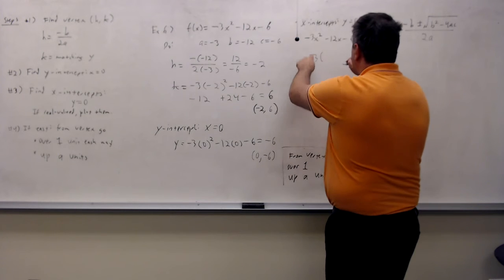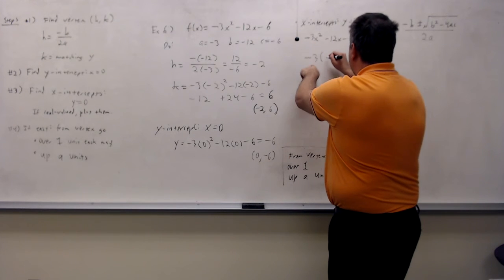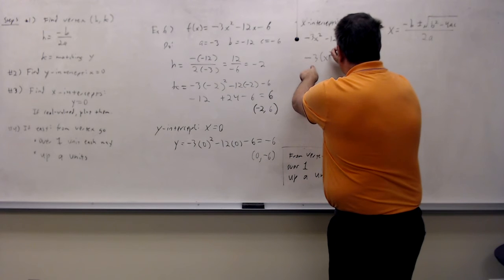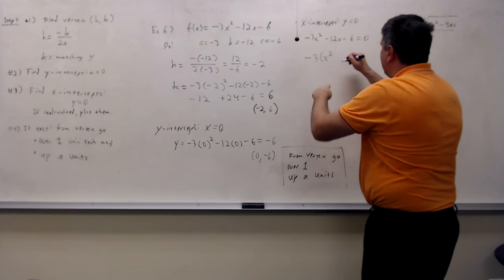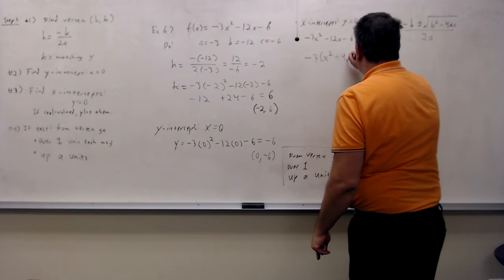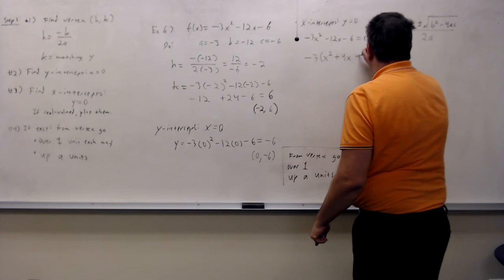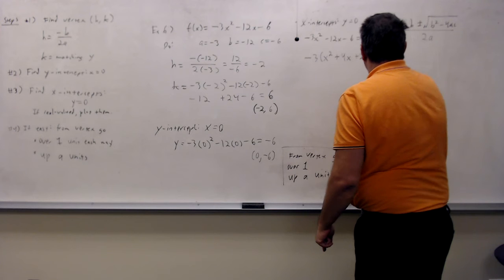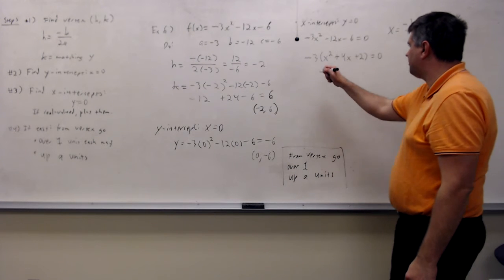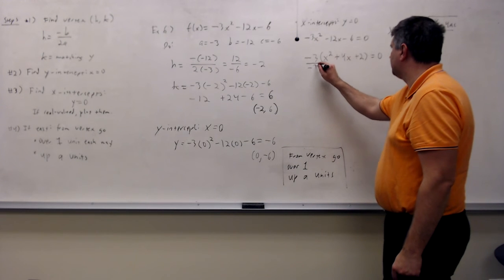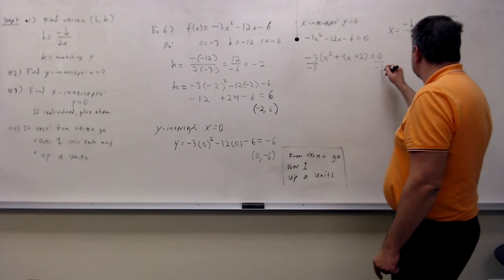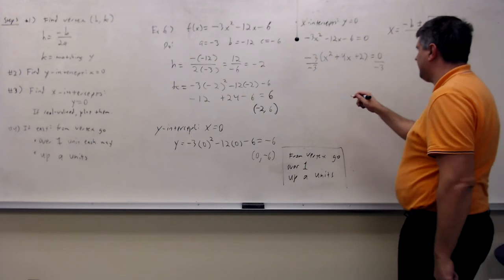And that'll leave me negative 3x squared divided by negative 3 is positive x squared. Divide these, I get 4x. Divide these, I get positive 2. Okay? And then I'll divide off that negative 3, still leaving me 0 on this side.